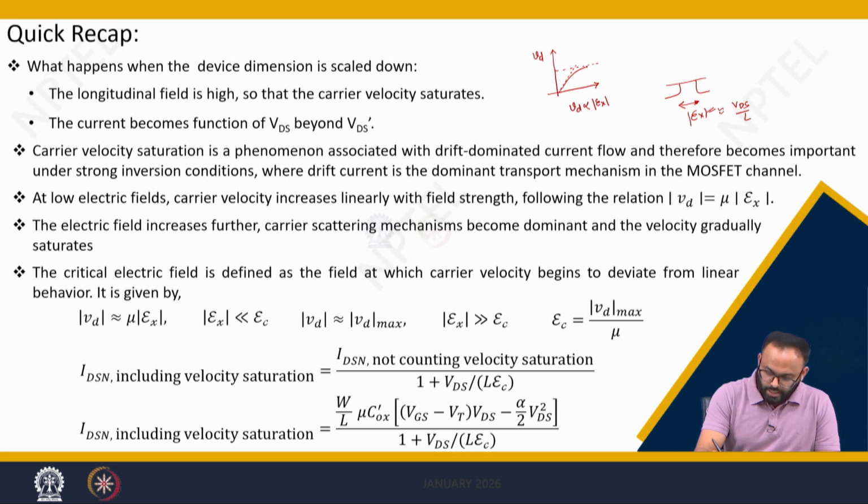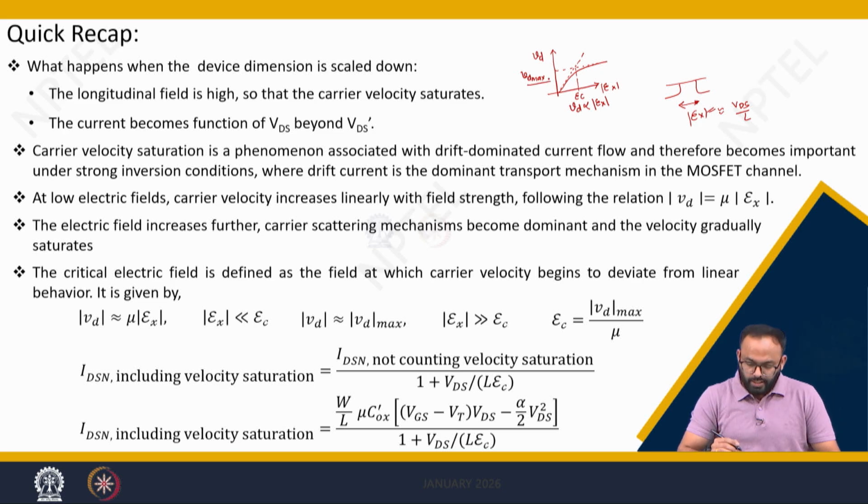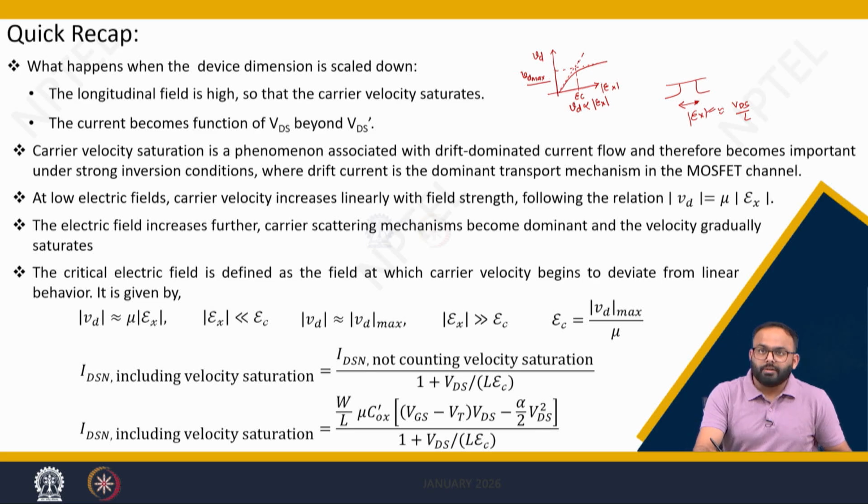We can simply say this is the curve where we define this point as the critical field, this is the Ex axis, and this is Vd max. By incorporating this effect, the carrier velocity is no longer linearly increasing, but it is getting saturated at that point.